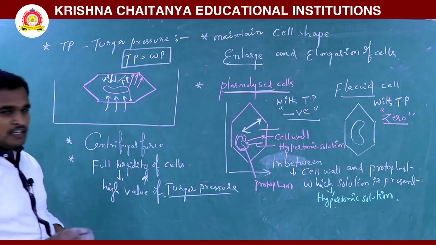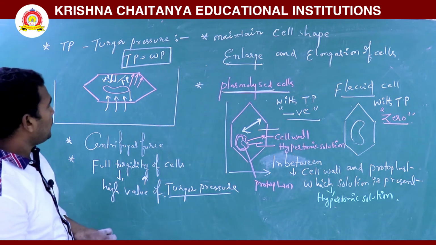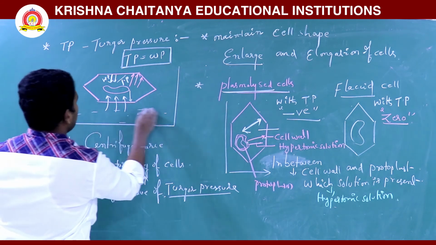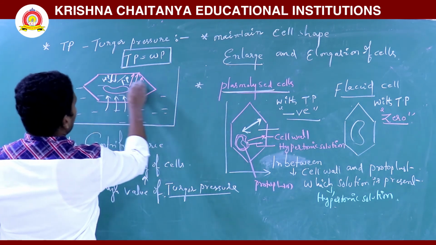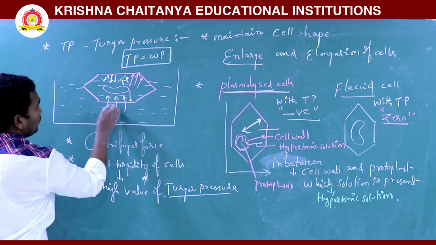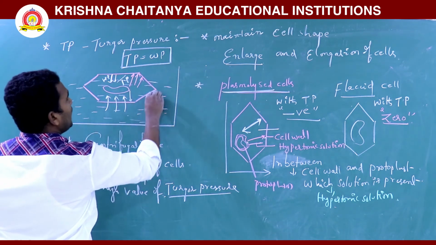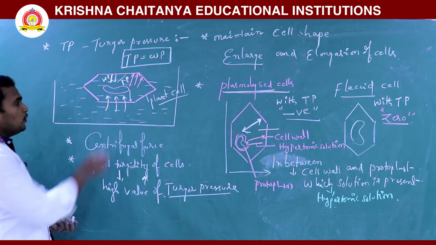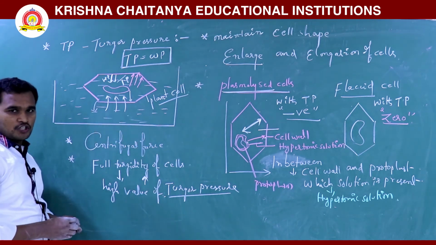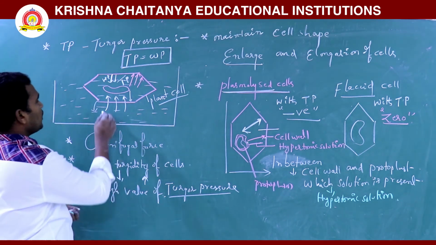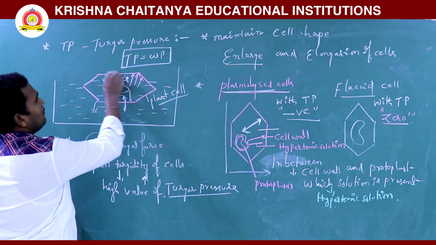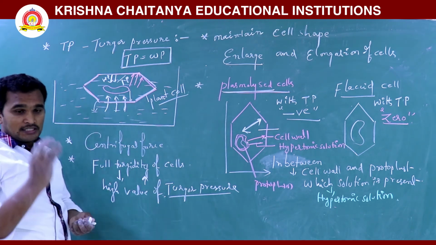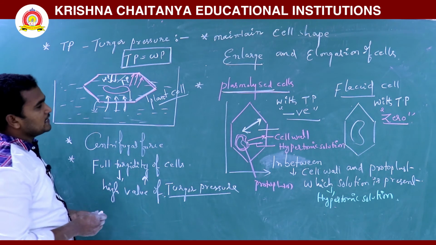Next, if you take a plant cell and place it into a hypotonic solution, what happens? Water enters, and the cell becomes swollen.